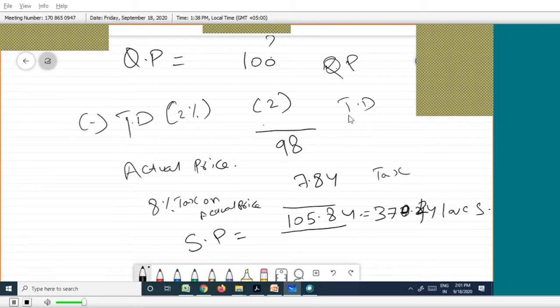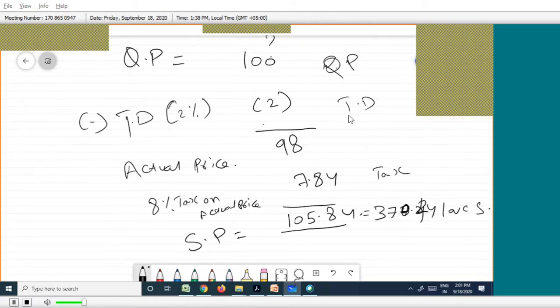How is it arrived? It is arrived by the alternative formula, that is why I have given this formula to you. If quoted price is 100, on that 2 rupees discount, after the discount I get 98 rupees. On that 8% tax, I will get 105.84. So the same logic I apply here. 370.44 lakhs divided by 105.84 means then what about 100?